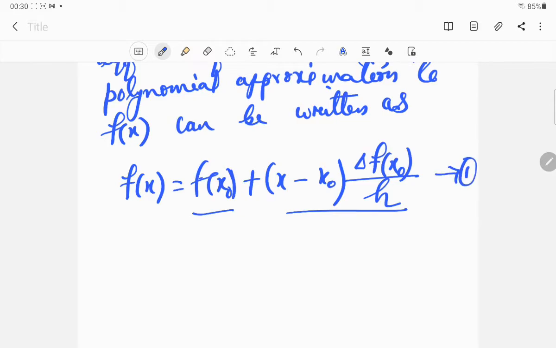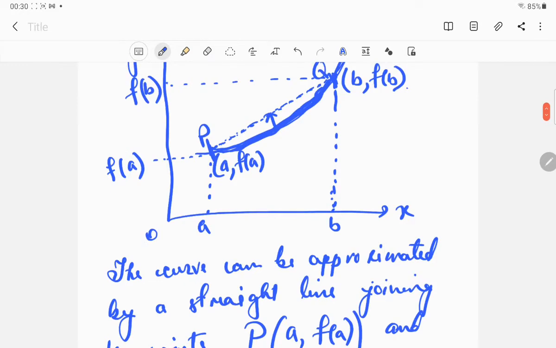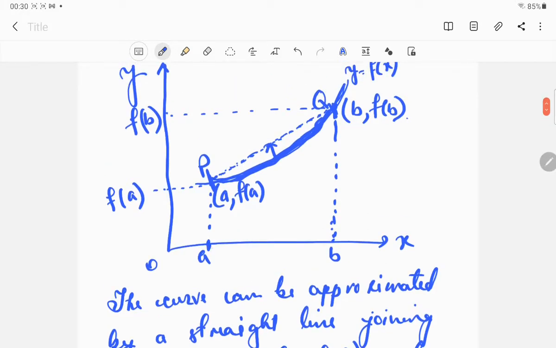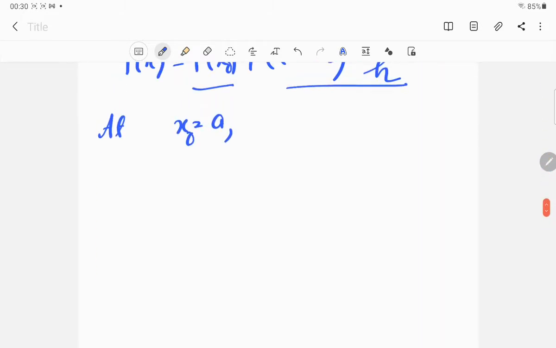Fine. Now we have 2 points, so we need to approximate at 2 points. Now at x equal to a, you can see the data starts from here and ends here, so this point is x0 and this point is xn. Since we are considering the forward difference method, x0 is equal to a.